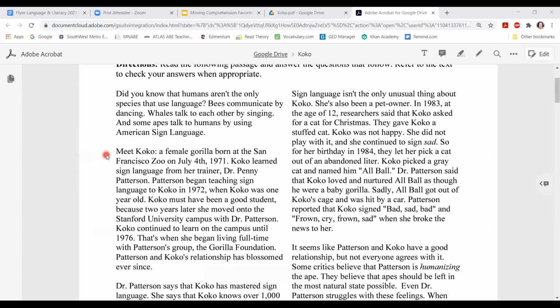Coco learned sign language from her trainer, Dr. Penny Patterson. Patterson began teaching sign language to Coco in 1972, when Coco was 1 year old. Coco must have been a good student because 2 years later, she moved onto the Stanford University campus with Dr. Patterson. Coco continued to learn on the campus until 1976. That's when she began living full-time with Patterson's group, the Gorilla Foundation. Patterson and Coco's relationship has blossomed ever since.